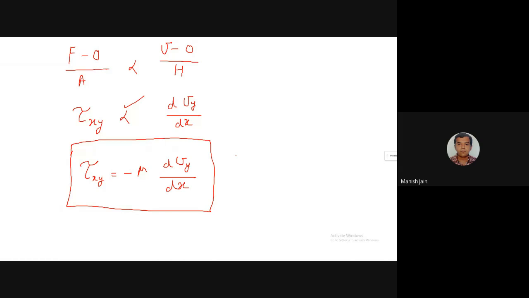He performed the experiment for water, for different types of oil, and for different types of waxes, and found that this law is true for all of these fluids. So he derived this equation, Newton's law of viscosity, where mu is a proportionality constant, and that is called the viscosity.